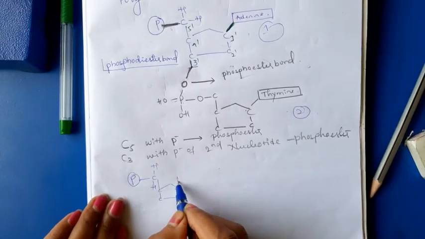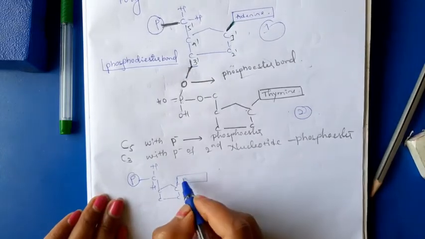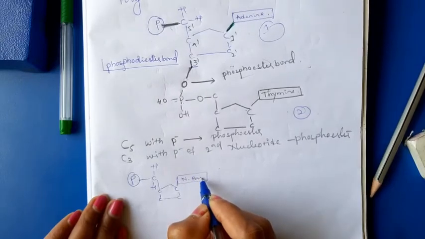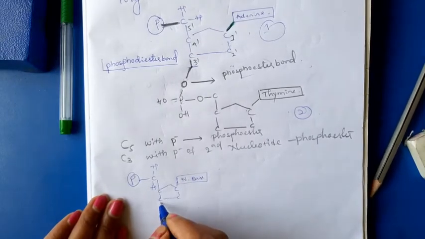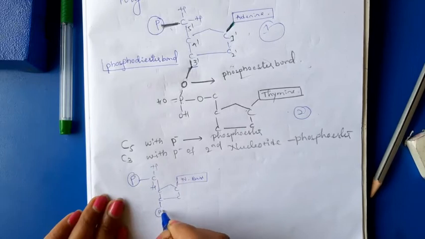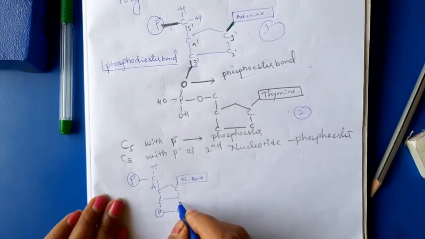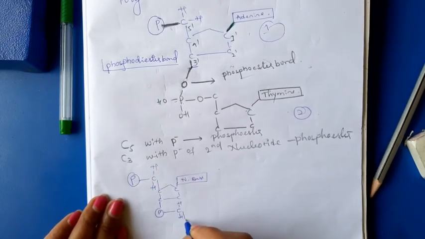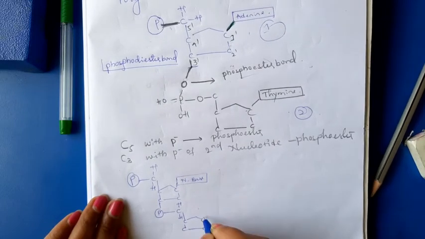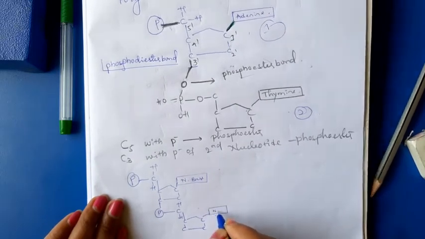Okay. This first carbon atom is attached with the nitrogen base. Then again the third carbon atom is going to attach with the second phosphate group. Then the first carbon atom with another nitrogen base.